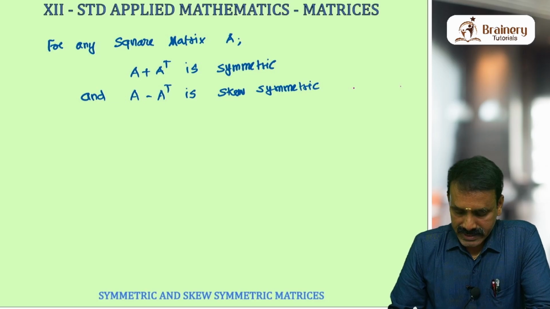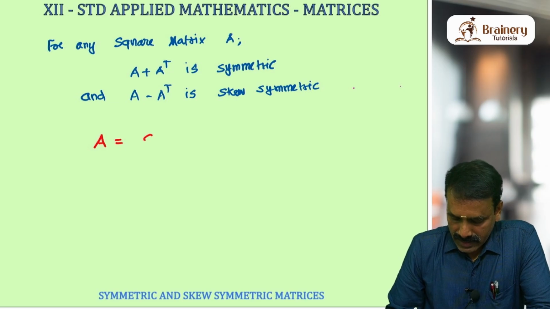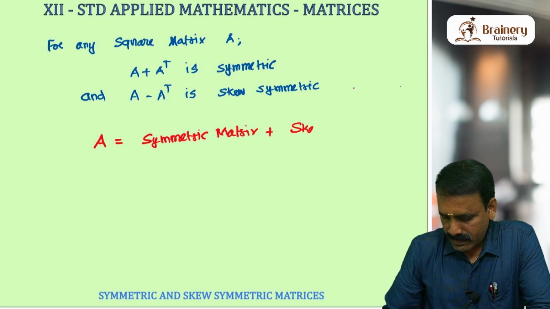Any square matrix A can be written as the sum of a symmetric matrix and a skew symmetric matrix.